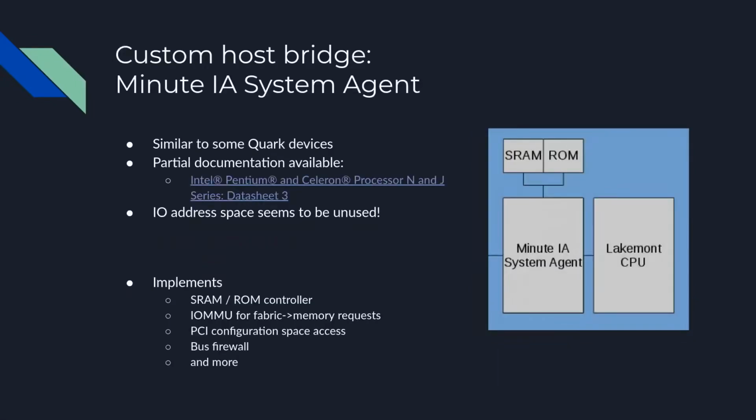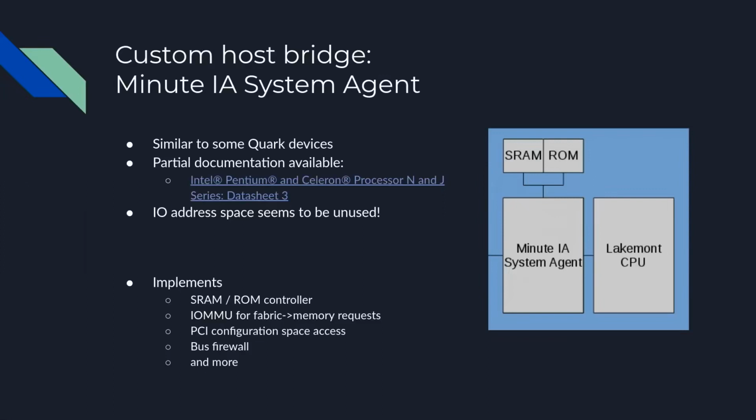The North bridge is partially documented in that datasheet I mentioned, and it does support x86 I/O address space, but it's never used. Everything in the ME is a memory space or exposed as memory space through bridges.